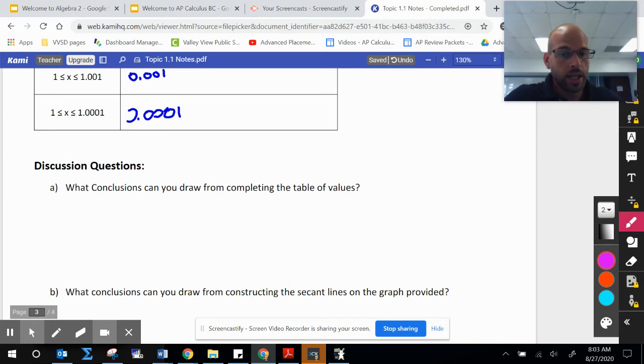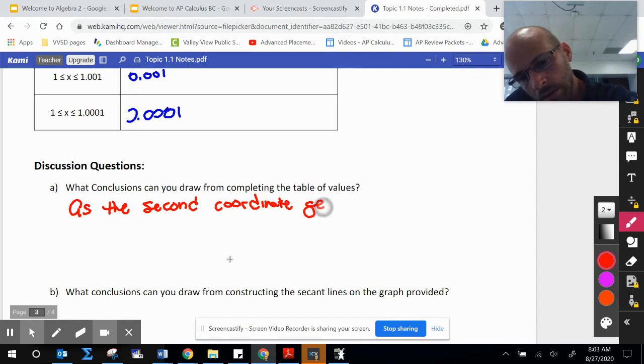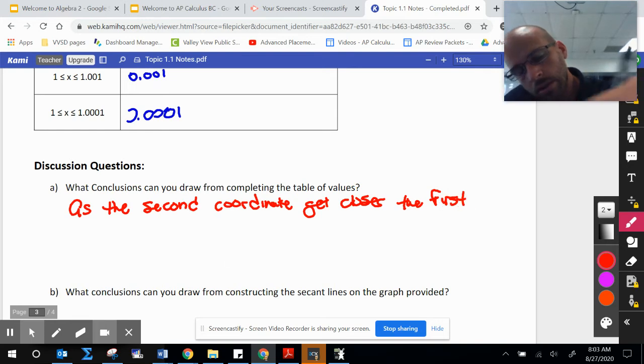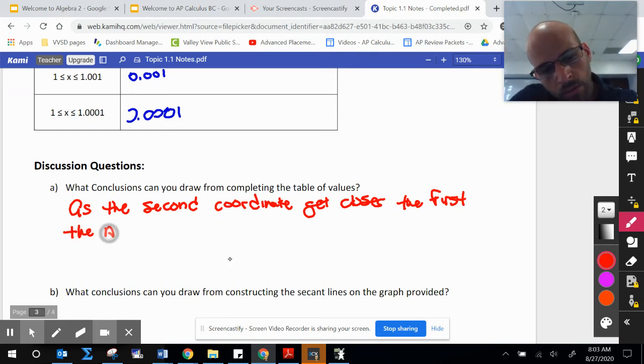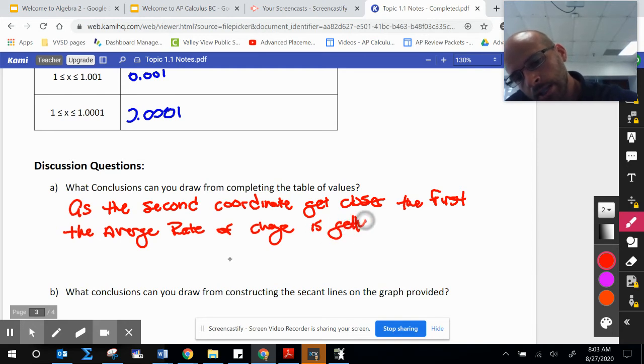So what conclusions can we draw from completing the table of values? Well, as the second coordinate gets closer to the first, it seems the average rate of change is getting closer to 0.